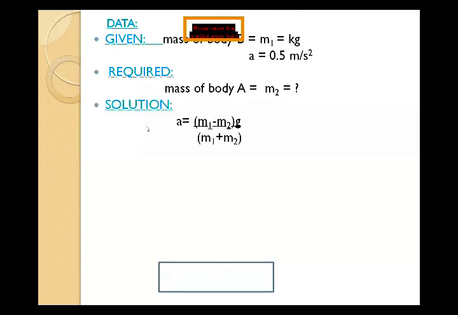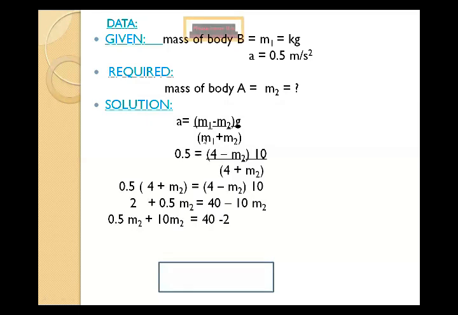Now, to solve this problem, we are using the acceleration formula of case 1 because both the bodies are moving vertically. We use this formula, and by putting in the values we get this form. M2 is the required quantity, so we don't write any value in place of M2.